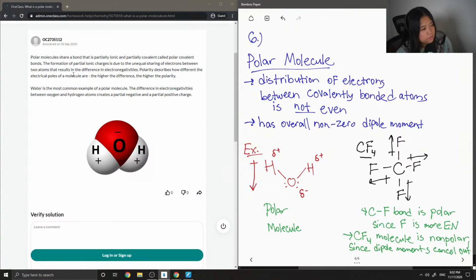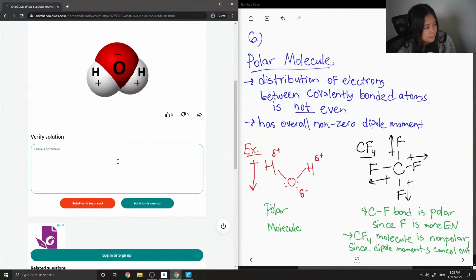The higher the difference, the higher the polarity. Water is the most common example of a polar molecule. Difference in electronegativities between oxygen and hydrogen atoms creates a partially negative and partial positive charge. Okay, so I'm also just going to add the CF4 example. So the solution's still correct.